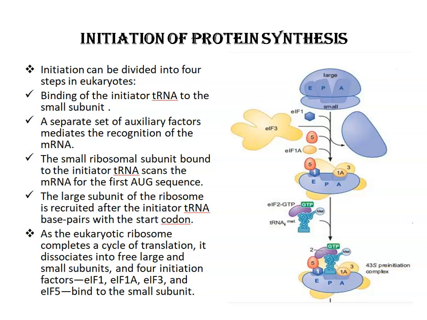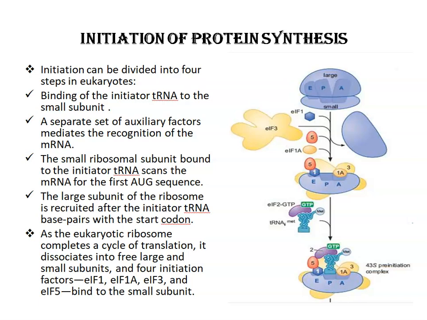It then scans along the mRNA in the 5' to 3' direction until it reaches the first start codon, the first AUG, which it recognizes as the start codon. Eukaryotic cells require more auxiliary proteins to drive the initiation process as compared to prokaryotes.